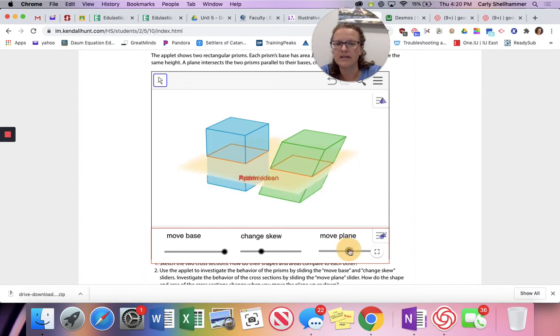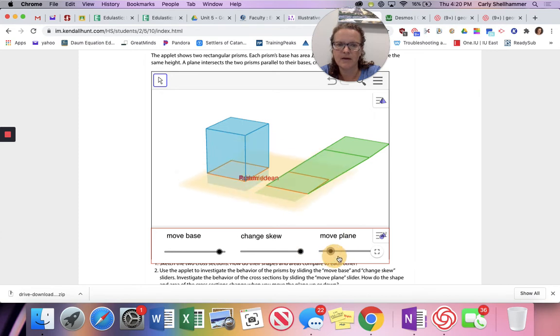And I've got the exact same shape and same area. All right, separate them a little bit, show the skewness. No matter where I go, they're going to be the same.